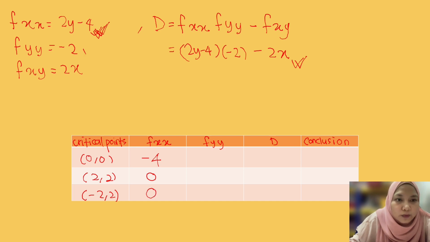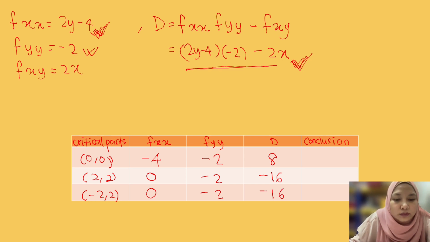And then next one for fyy, all of these we don't have any variable inside the function, so we will have negative 2, negative 2, negative 2. Then for D, we substitute inside this formula right here. So for the first one, when we substitute our value of x and y, our first critical point, we will get 8. Second one we get negative 16, and then third one we get negative 16.